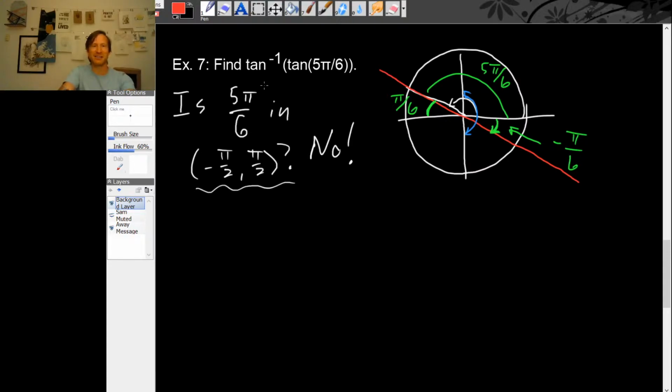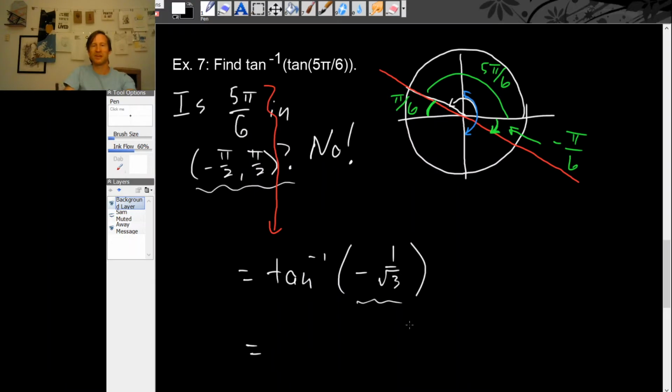Okay, so writing this all out, inverse tangent of tangent 5 pi over 6, if we actually calculated that, that would give us minus 1 over root 3. That's the slope of that line. And then this diagram tells us that the angle on the right semicircle that would produce minus 1 over root 3 as its tangent is minus pi over 6.